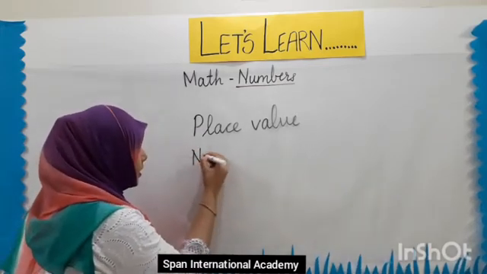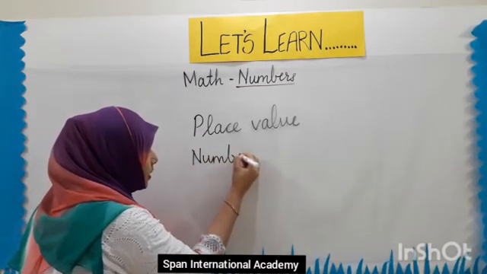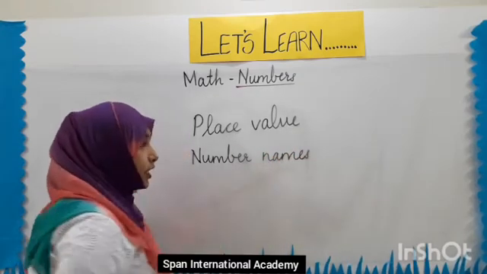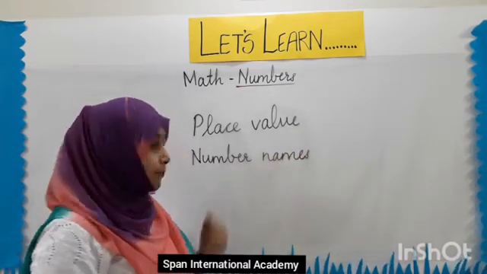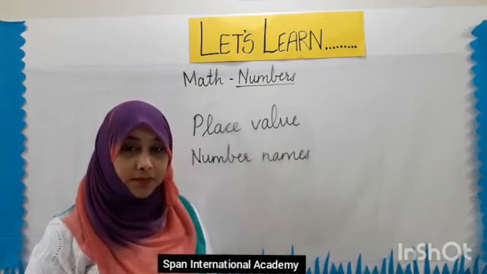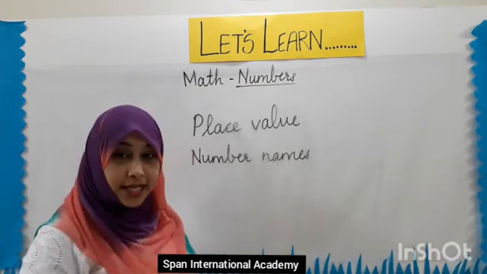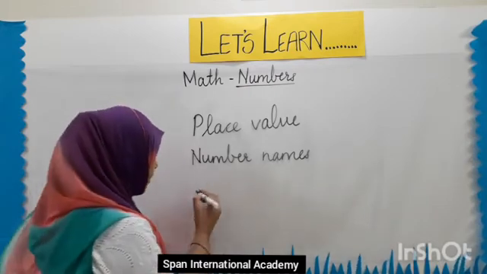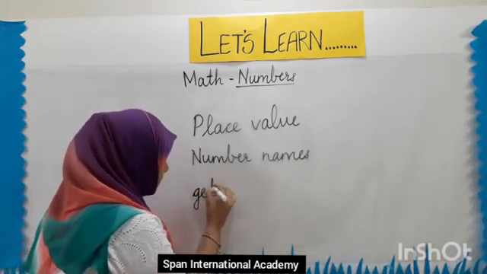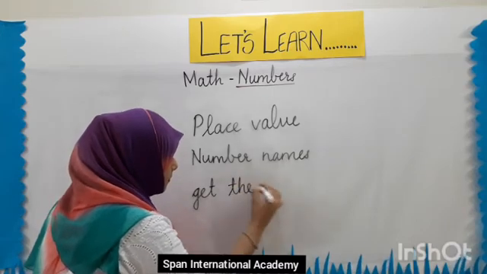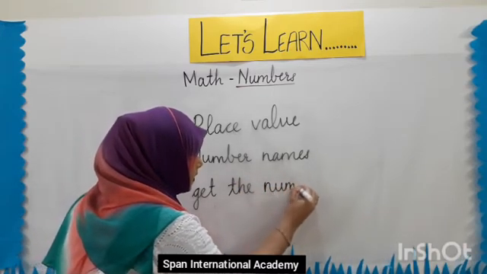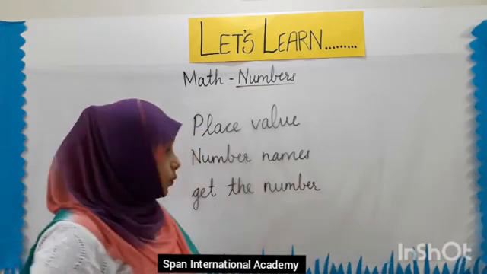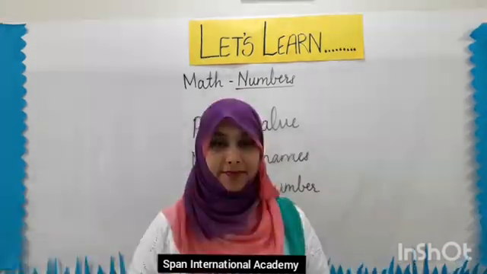We did number names. Then after number names, what did we do? Yes. We learned how to get the number. Yes, from the given number name, we learned how to get the number.